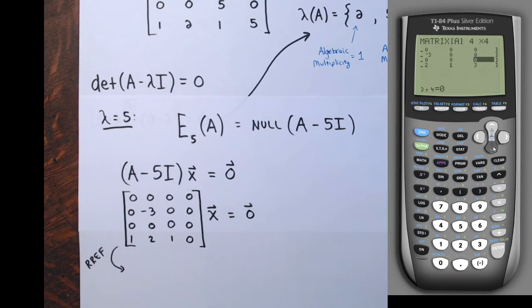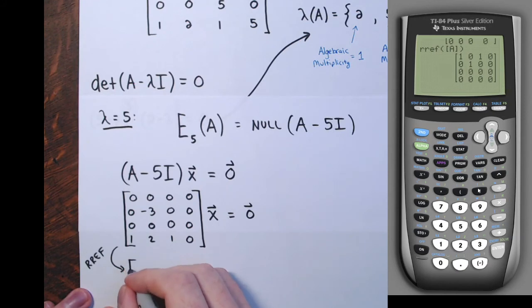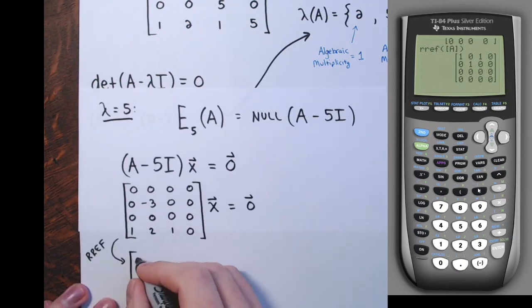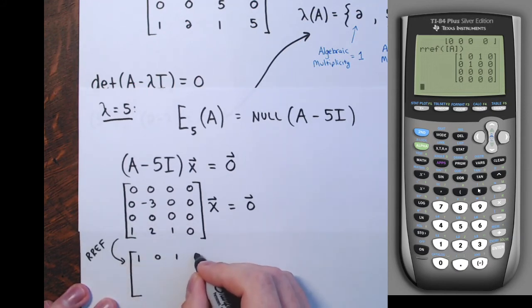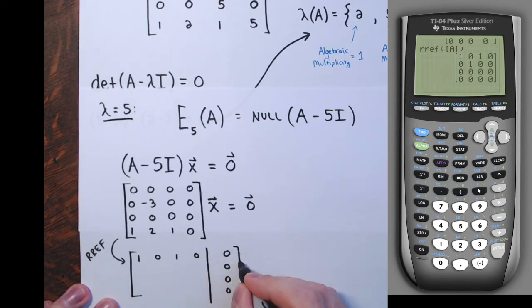And the fourth row is 1, 2, 1, 0. Alright, and then I go to reduced row echelon form again. Yes, so that's what I said. Great. Again, so top, 1, 0, 1, 0. Again, you're going to have these 4 zeros on the other side. And 0, 1, 0, 0. And then a couple rows of zeros, which we're going to ignore, because that's just 0 equals 0.